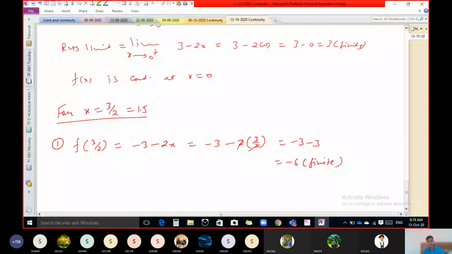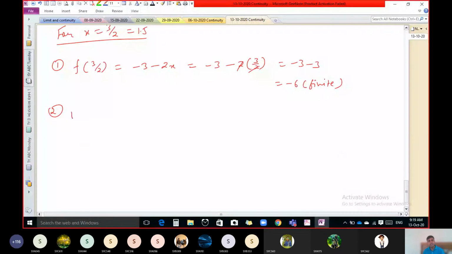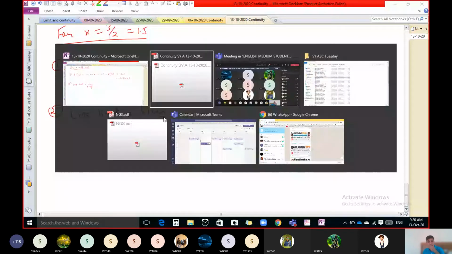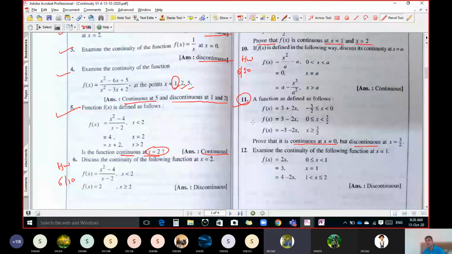Yes, that is finite. Because the first condition is satisfied, let us start the second condition. Here we have to find two limits, left hand side limit and right hand side limit. Limit x tends to 3 by 2 minus. Listen once again, 3 by 2 minus means less than 3 by 2. Which function do we have to consider?